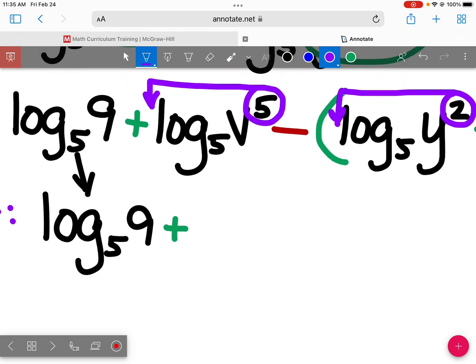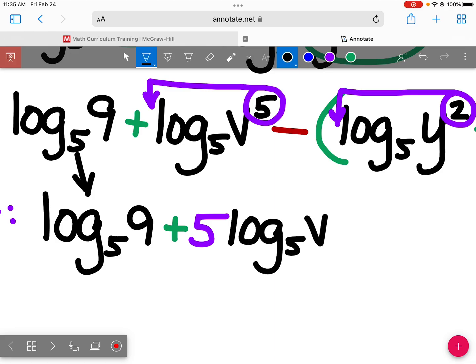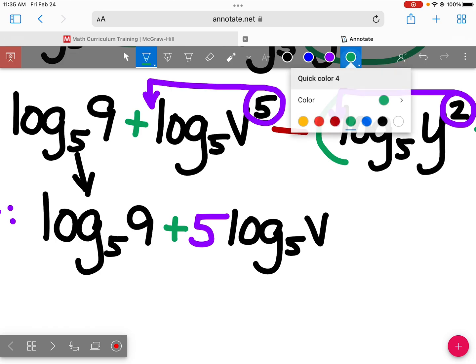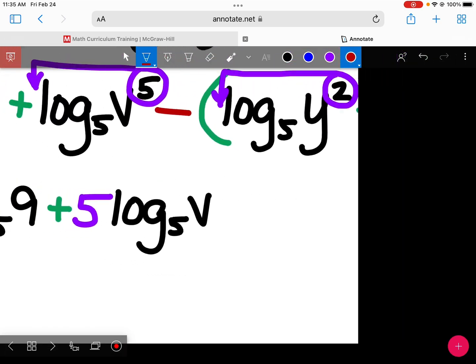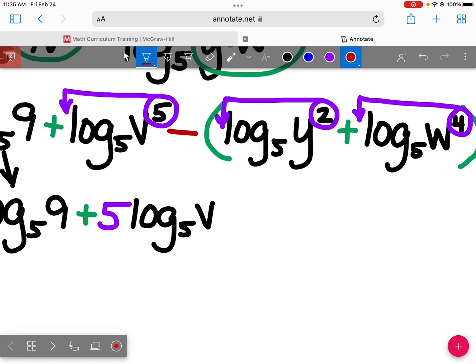Not 2 log. What's that exponent? 5. Log base 5 of v. What do I see after that? What comes right after the v? Minus.